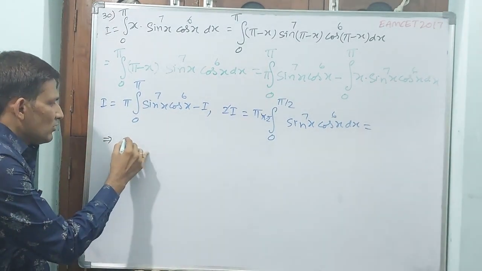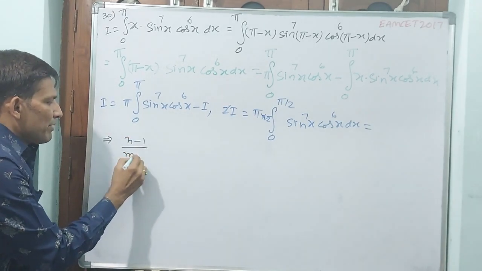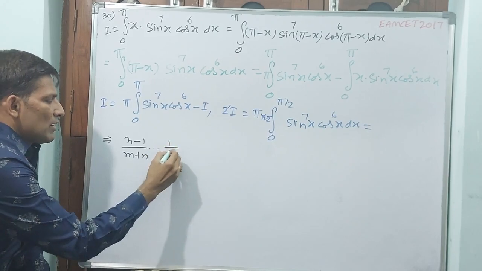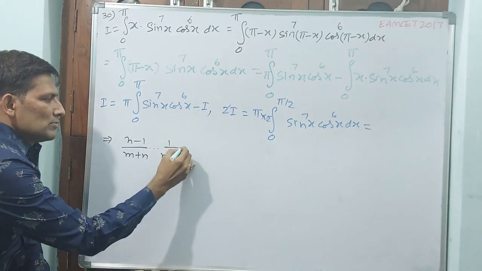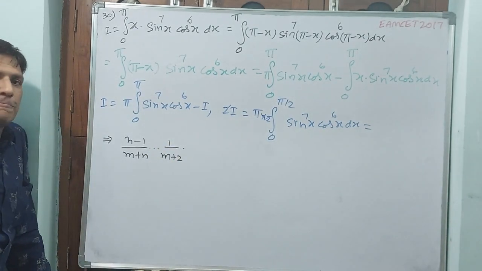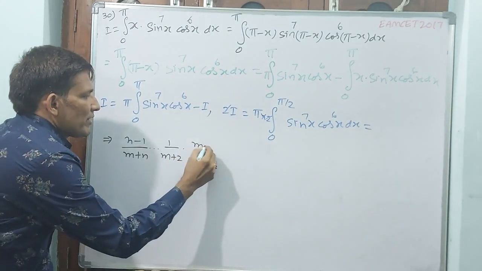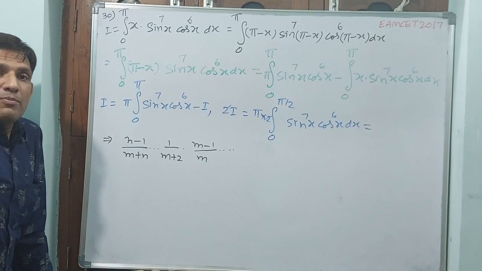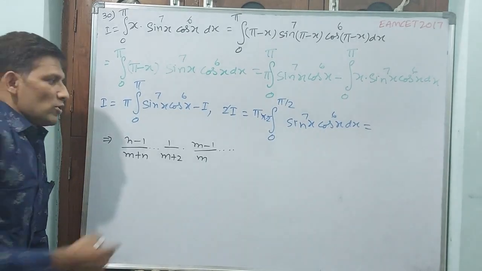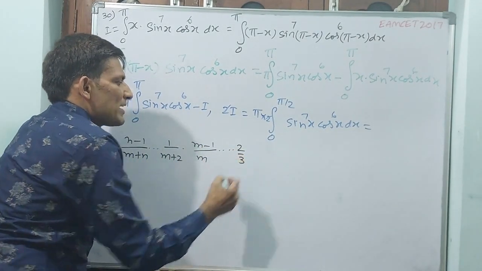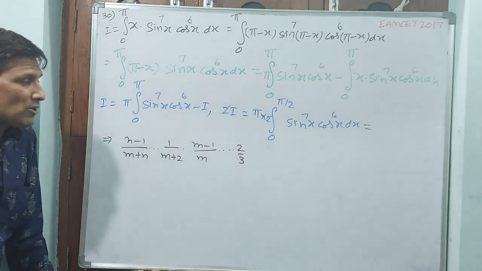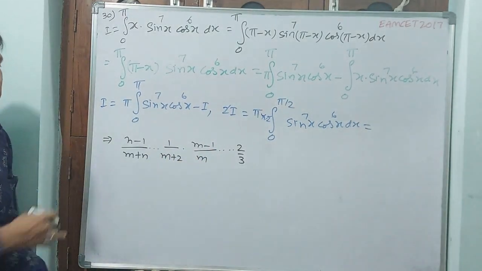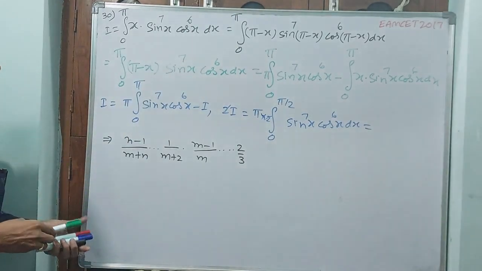See, earlier like only n minus 1 by m plus n, okay, up to 1 by m plus 2 into m minus 1 by m, up to not 1 by 2 here, because it is odd, 2 by 3, that's all. 1 by 2 will not come here. Okay, this is the formula. This formula you substitute, you are going to get the answer.